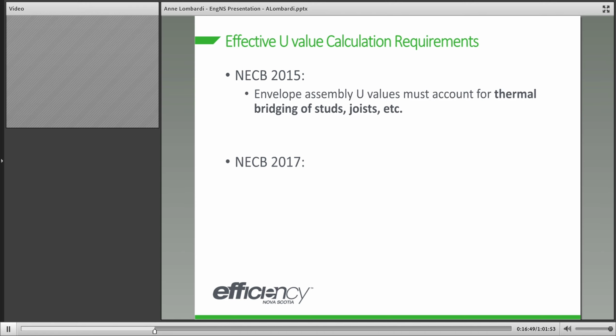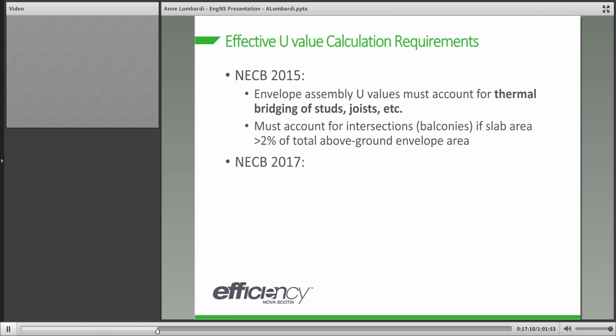So in the 2015 code, we did have the requirement that the envelope assembly U values have to account for the thermal bridging of studs and joists, or as the NECB says, what do they call it? Repetitive structural members. So the studs.